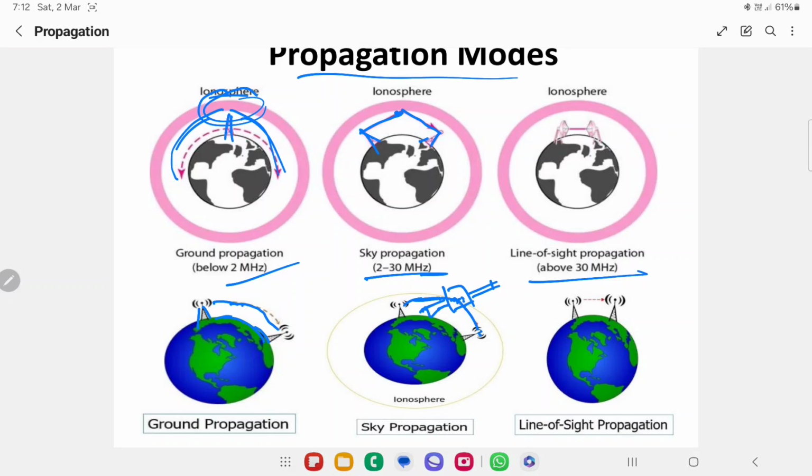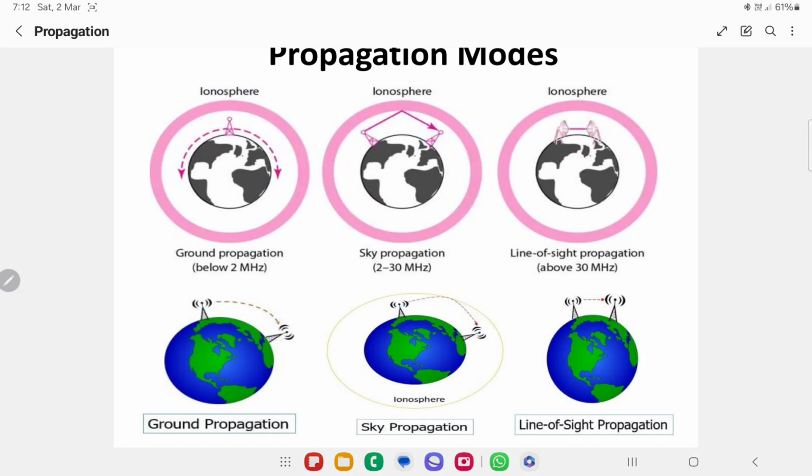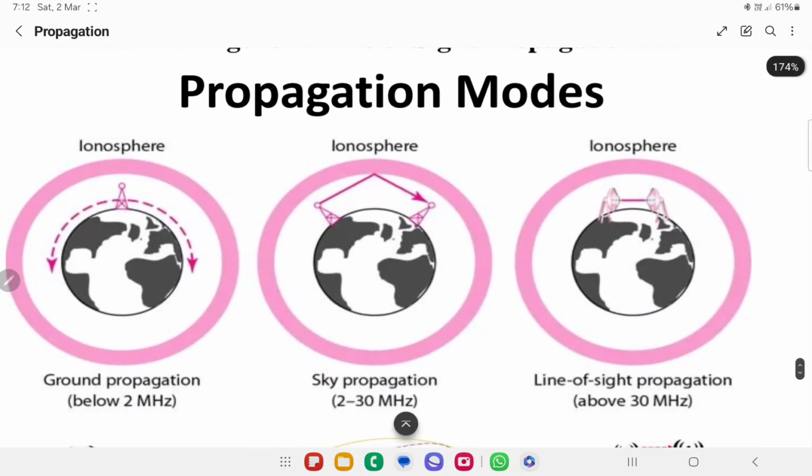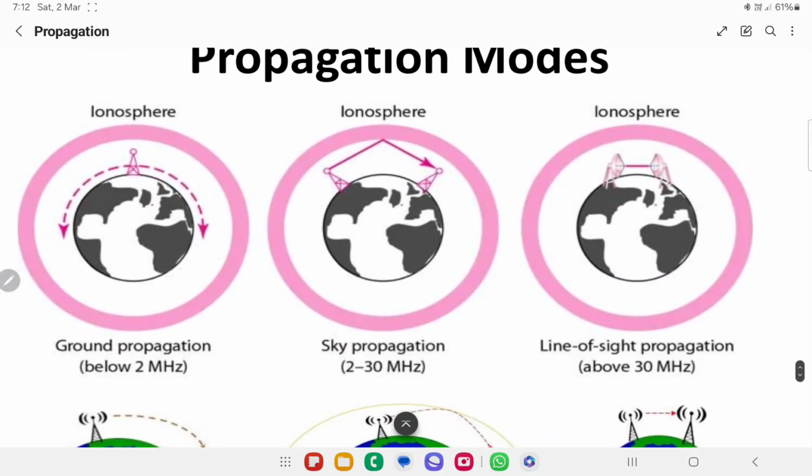Line of sight propagation. See here, let me enlarge it a little bit. See the facing of the antennas, face to face. There should be a direct straight line between the two antennas, the transmitter and receiver, so that the signal can be passed.